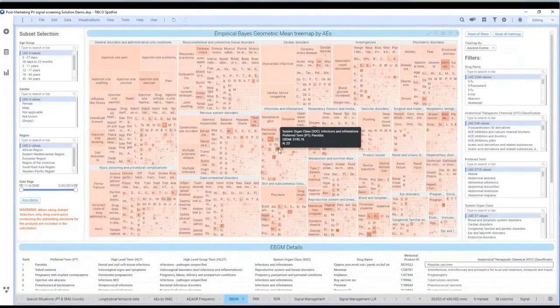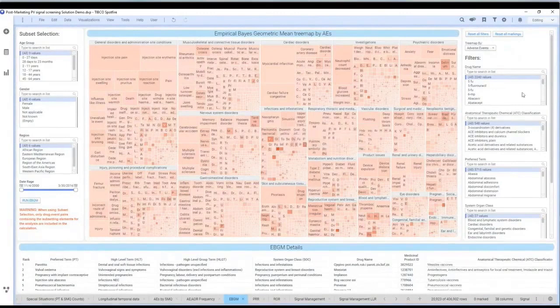And when we hover over here, you can see the tooltip. It's showing that there are only 23 reported cases in this database, but it's indicating that the number of occurrences is happening more frequently than it's supposed to. So that's why an alarming signal is being generated here.